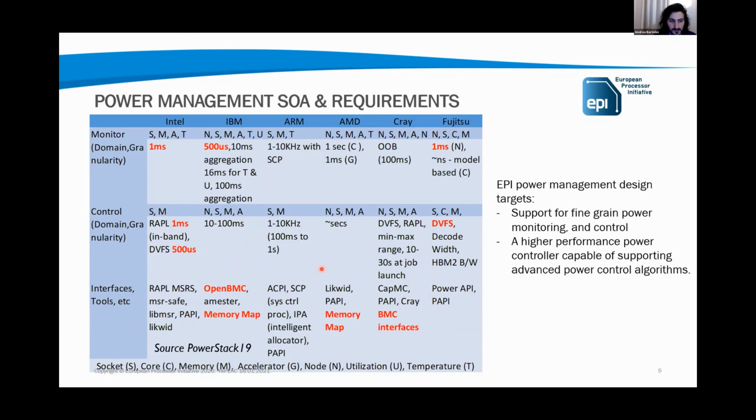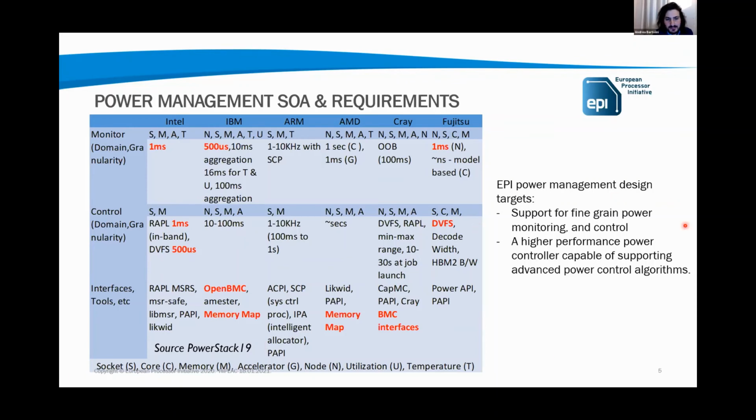There are also some actions in creating open source firmware which are almost a standard today for the BMC firmware, such as OpenBMC, and some vendors propose dedicated memory-mapped interfaces for sharing information with low latency between user space and the hardware without having to change the operating system.